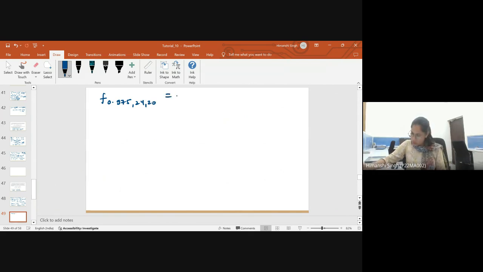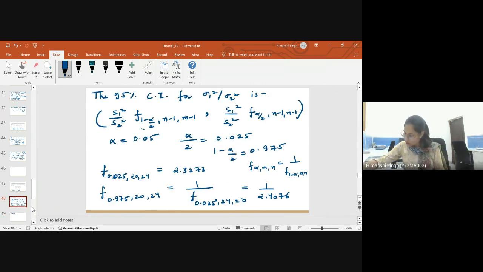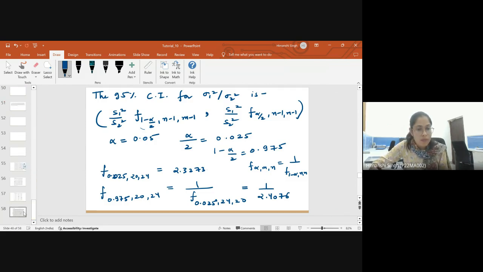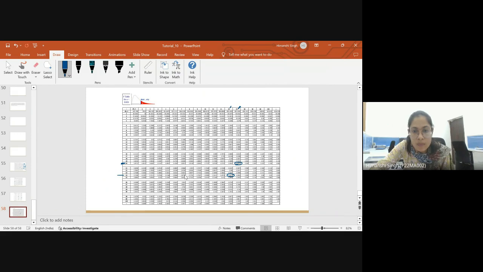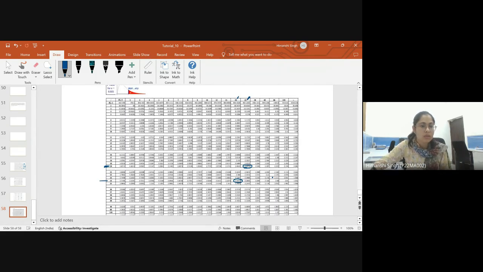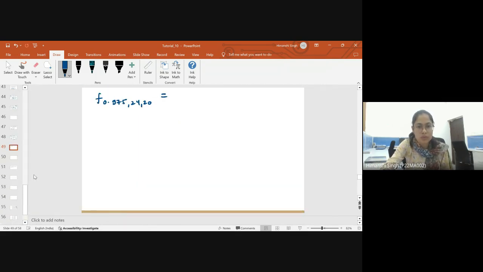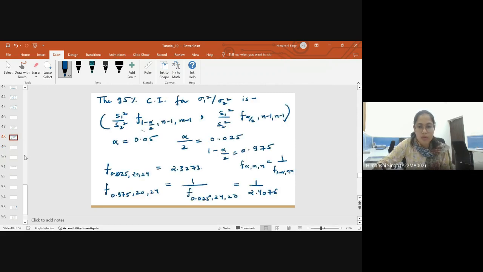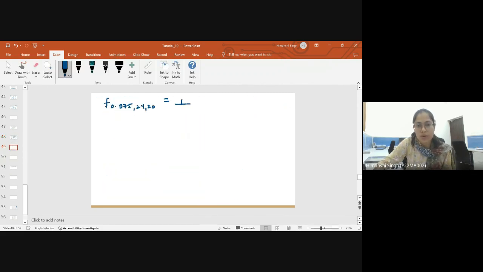So it will be 1 upon 2.4076, which comes out to be 0.4153.